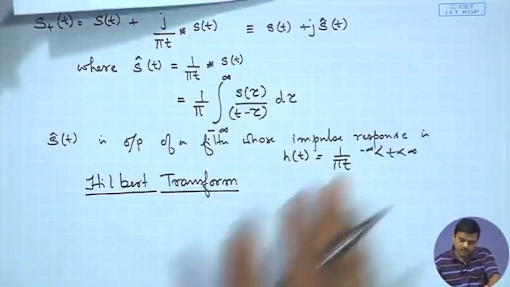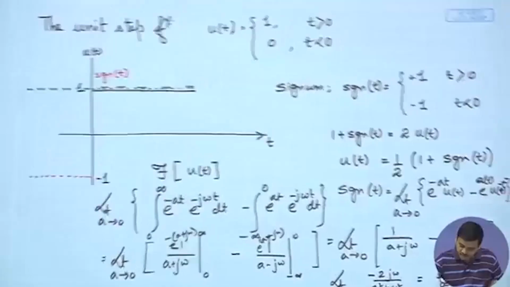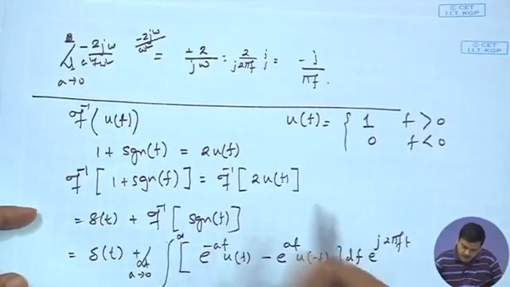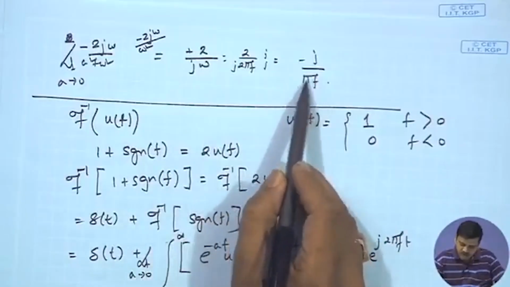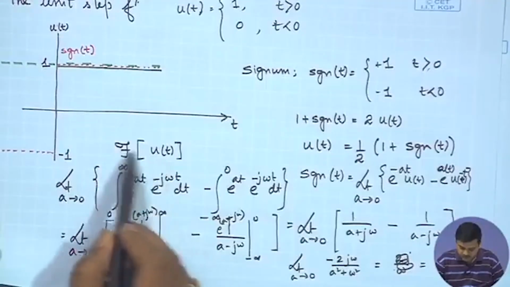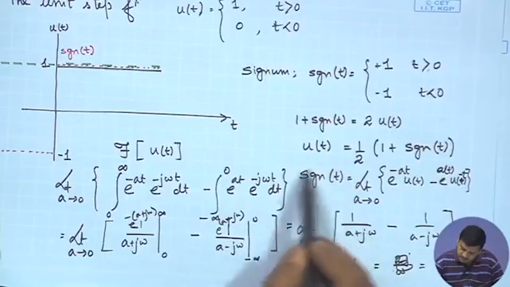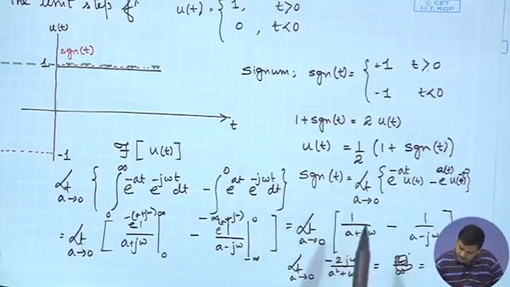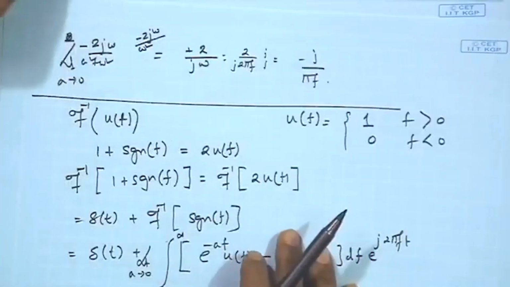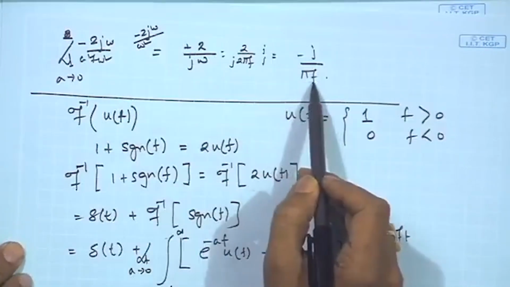And you could recall from our earlier discussions, this is 1 upon f. So, it would hint that it has something to do with u of f, it has something to do with the sine function, because we were doing the Fourier transform of the sine function, and when we did that we arrived at an expression which had 1 upon pi f rather.